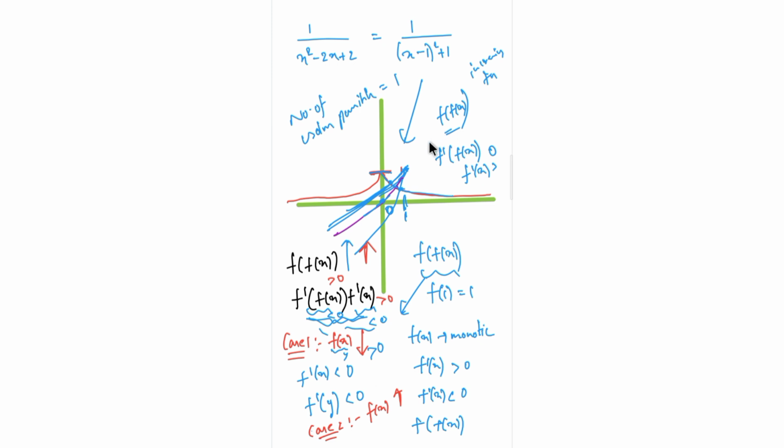We got that it is increasing, and we found the value at x is equal to 1 because we were given some values there. We found that at x is equal to 1 we get the value 1, so it will definitely start in this way. Either it could be in this way or this way or this way, isn't it? Either way, it will only intersect the graph of the right hand side at only one point. So the number of solutions possible is 1.